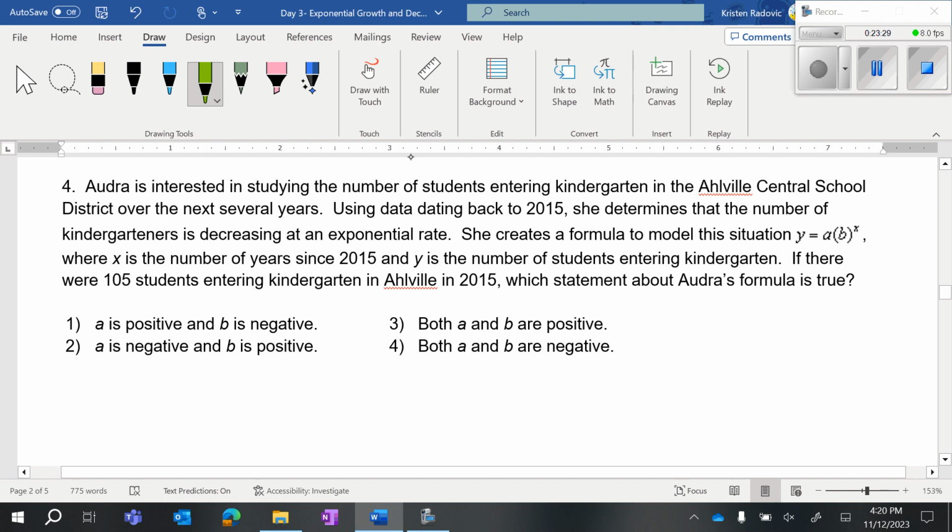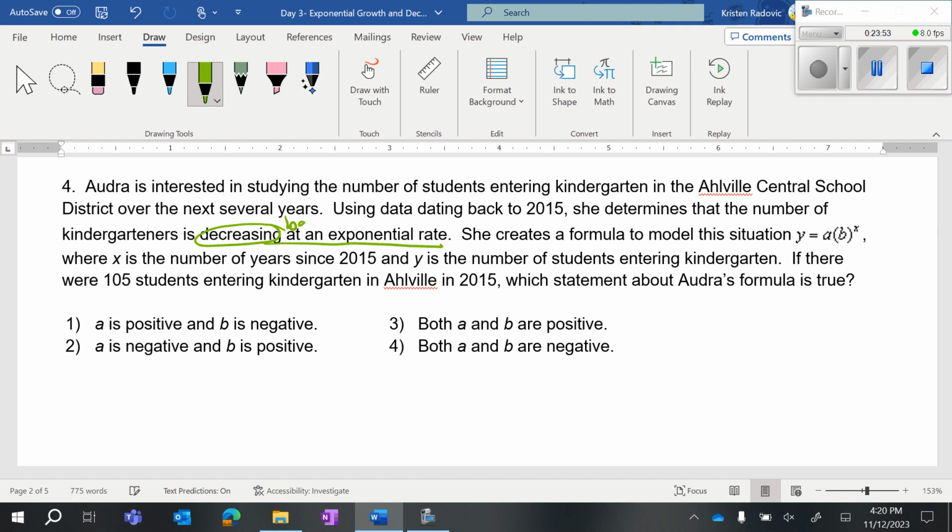For number 4, you have Audra, who is interested in studying the number of students entering kindergarten in the Central School District over the next several years. Using data going back to 2015, she determines the number of kindergartners is decreasing at an exponential rate.